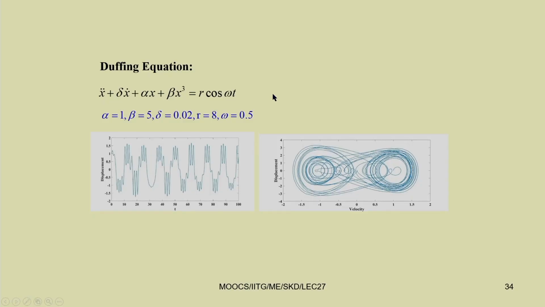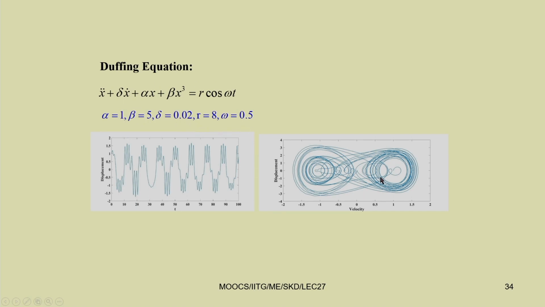Previously you have also seen the Duffing equation, and you plotted displacement versus time and the phase portrait. This is the Duffing equation: x double dot plus delta x dot plus alpha x plus beta x cube equal to r cos omega t. Here alpha is taken as 1, beta equal to 5, delta equal to 0.02, r equal to 8, and omega equal to 0.5.